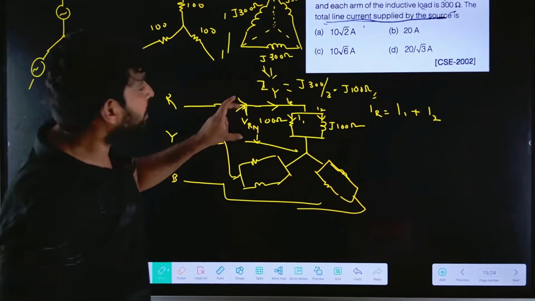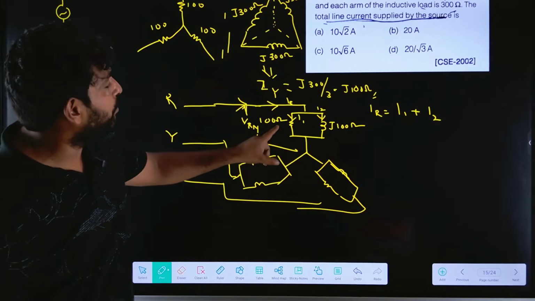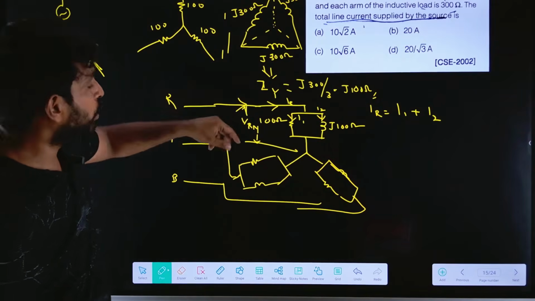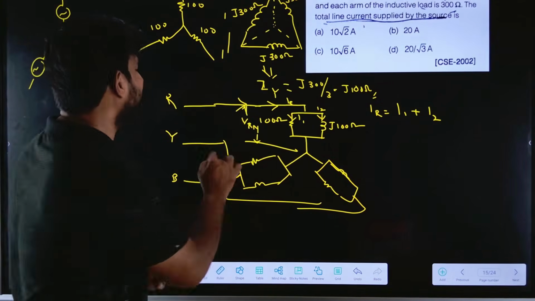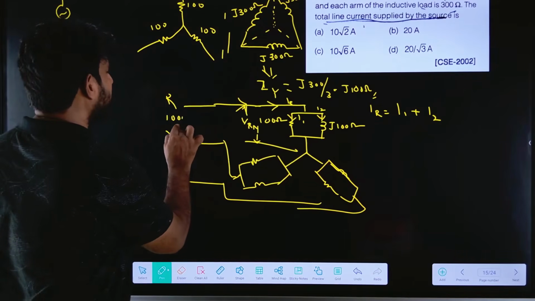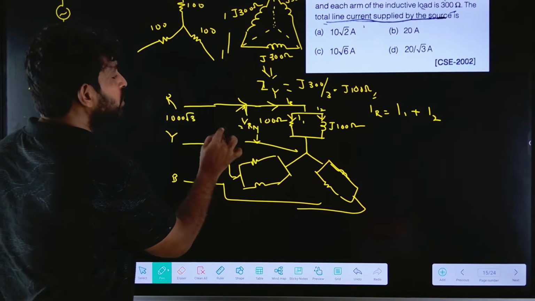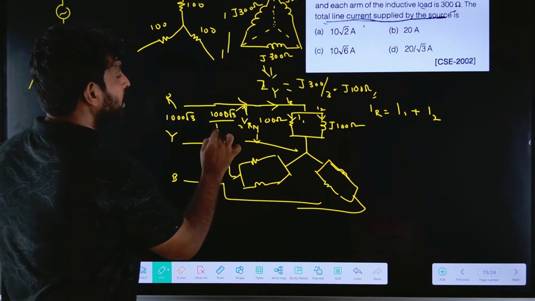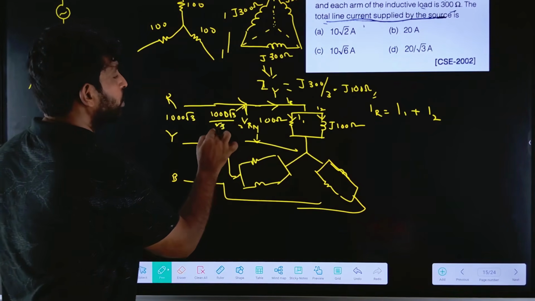How can I1 be found? VRN divided by 100 ohms. What is the VRN? It is given as 1000 root 3, so 1000 root 3 divided by root 3 is 1000.